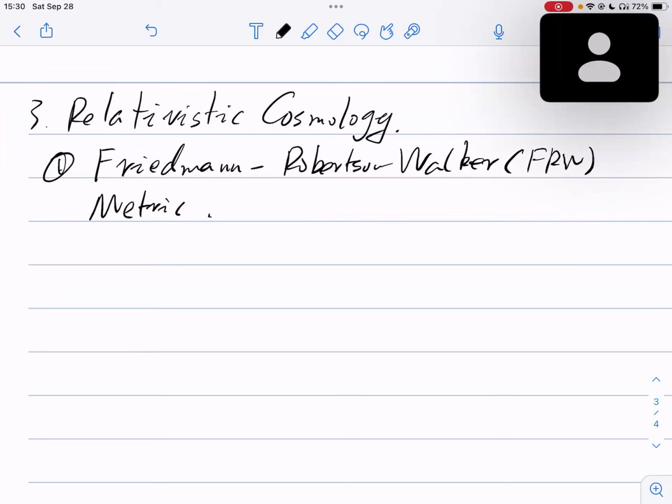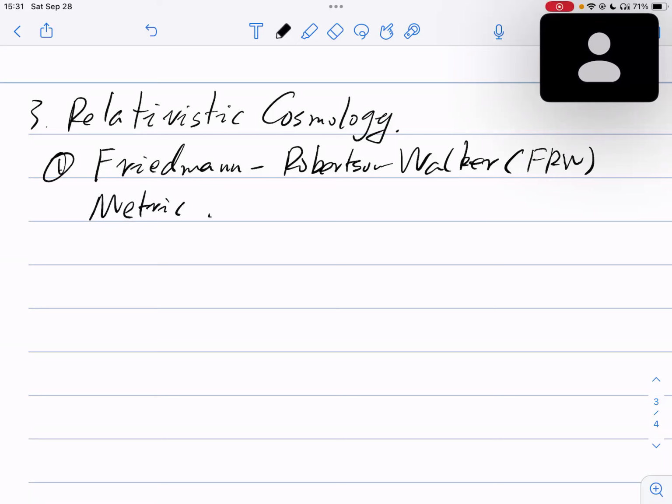How to obtain this metric is a little tricky. Notice that the space is homogeneous and isotropic, as I said at the beginning of the seminar. Homogeneous is a symmetry property, which means that if you make a translation to the object, it won't change. And isotropic means that if you make a rotation to the object, it won't change.